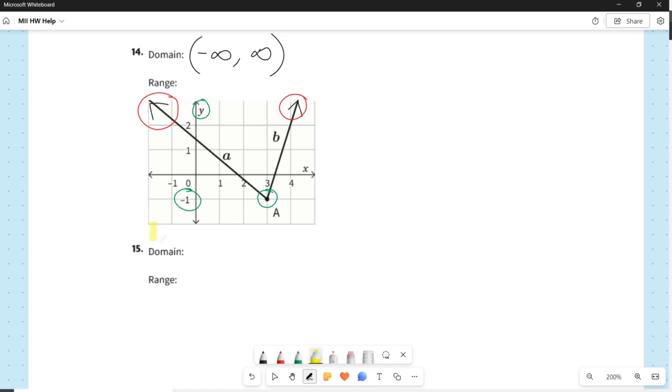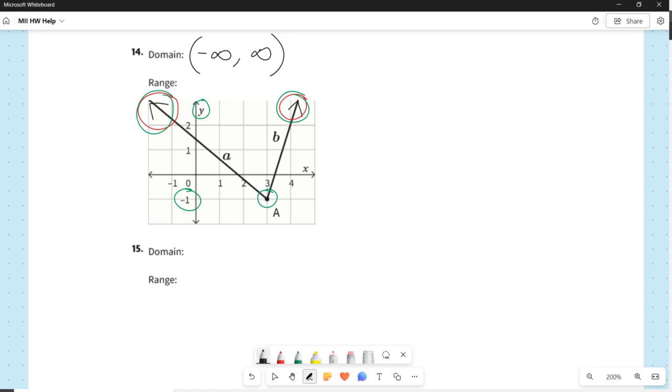There's nothing down here. So we do have a lower bound, but again, this graph continues up and then up again. You only need one of those arrows for the range, but we have a lower bound, but we don't have an upper bound. And our lower bound includes the -1.